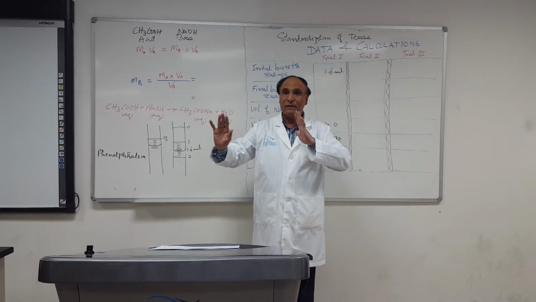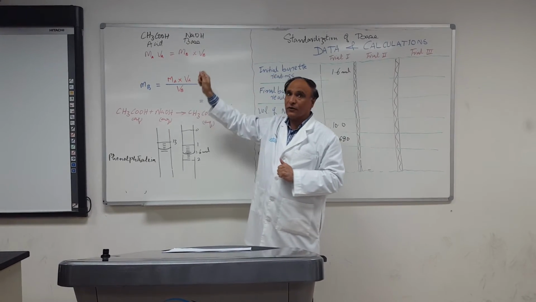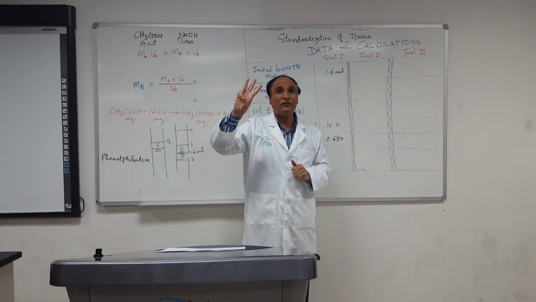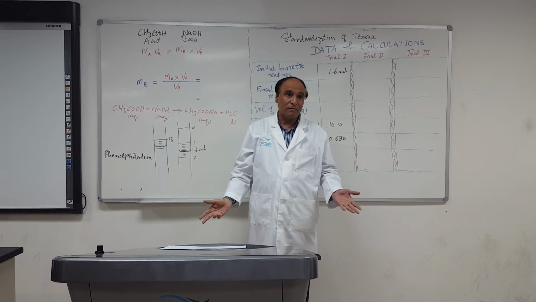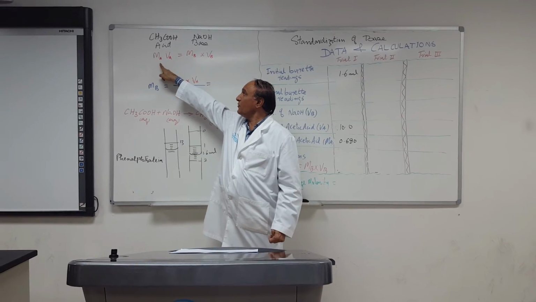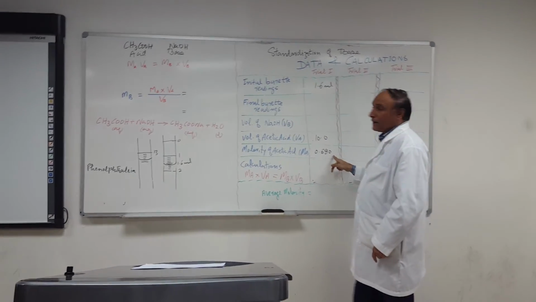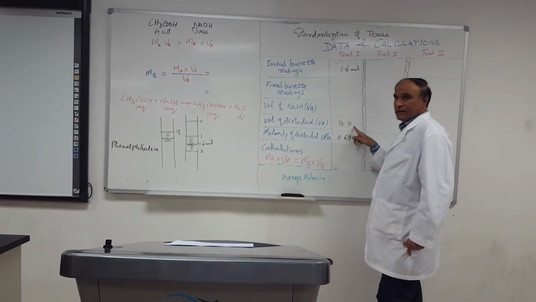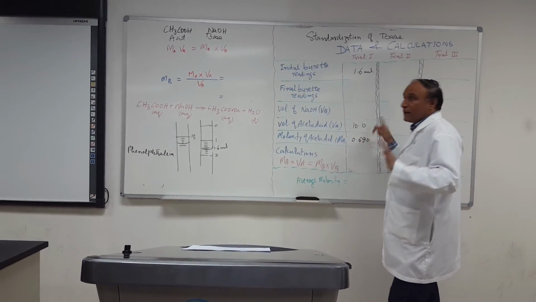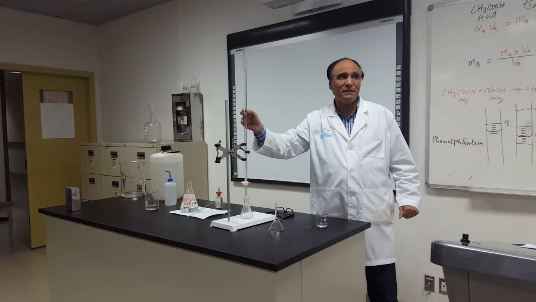So how many things are there? Count. 4. Out of 4, if I know 3, I can find the fourth one. Look, I have the molarity of the acid. It's written here, 0.68. I have the volume of the acid. It is here, 10 milliliters. Right or not? Right. Now I will find the volume.